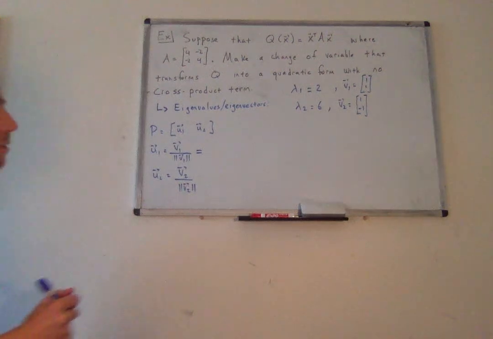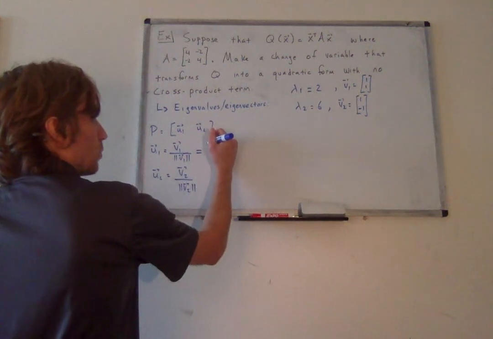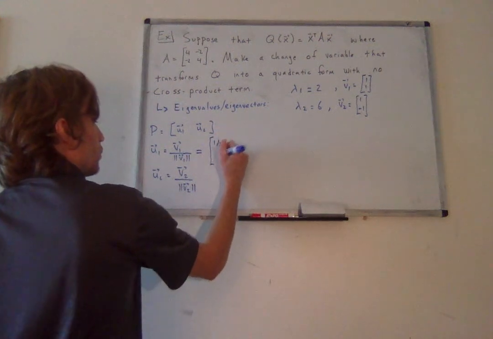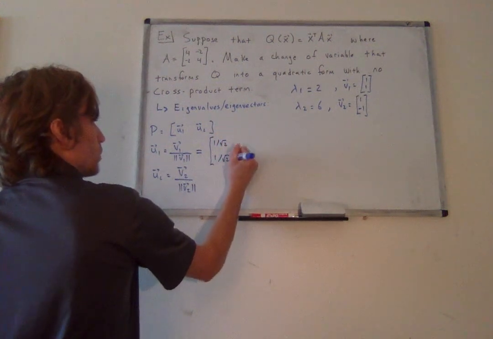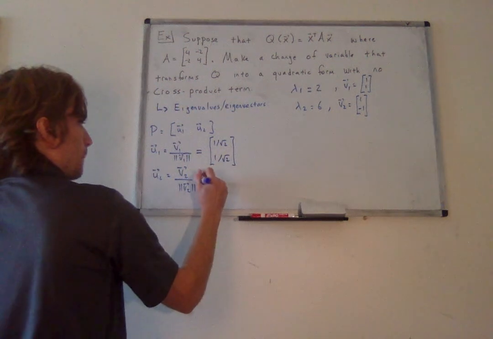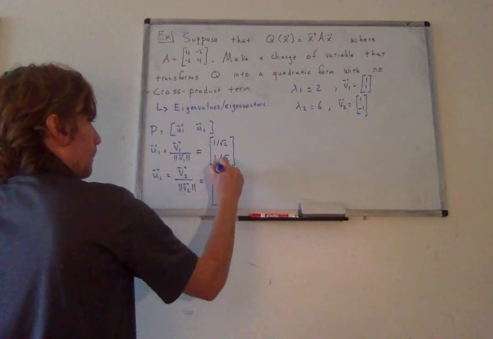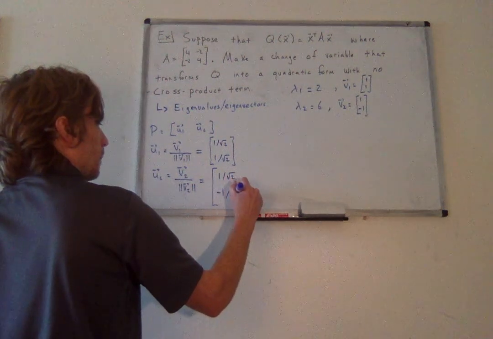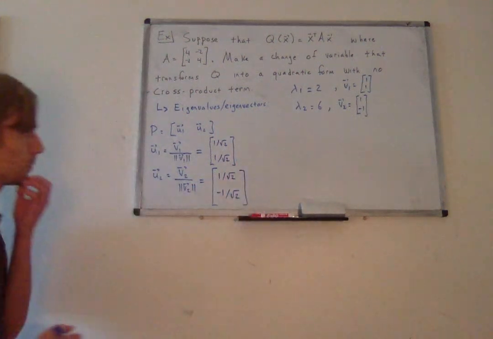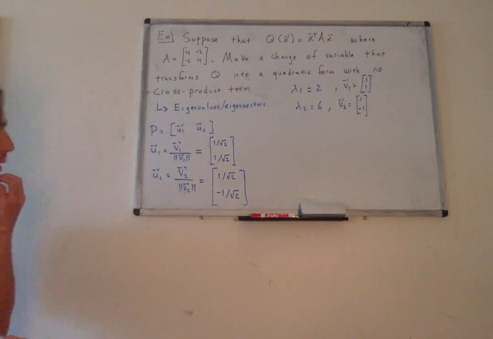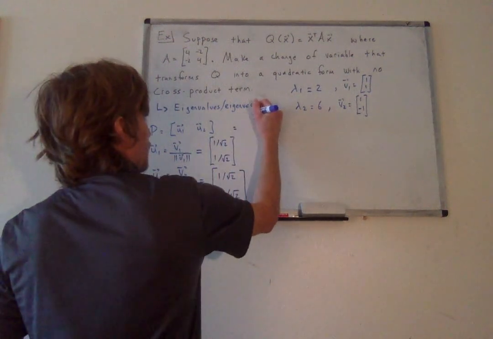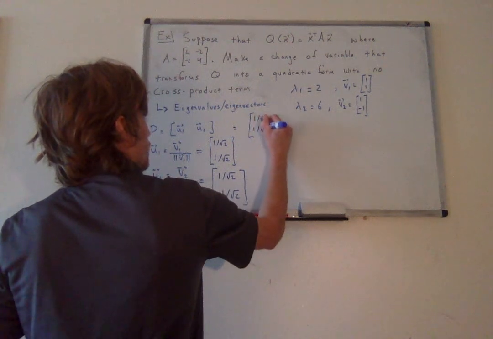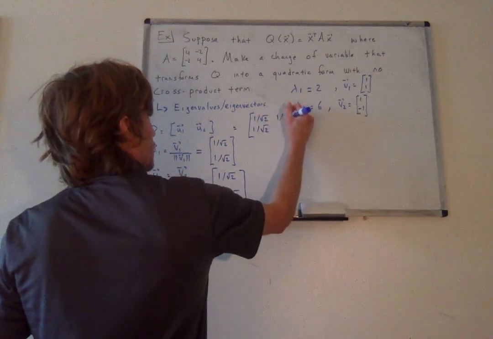Each of these vectors has norm root 2, so this will be the vector (1/root 2, 1/root 2). And so our change of variable matrix P is the following matrix.